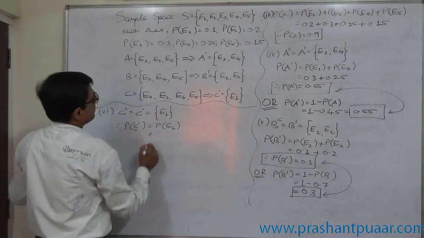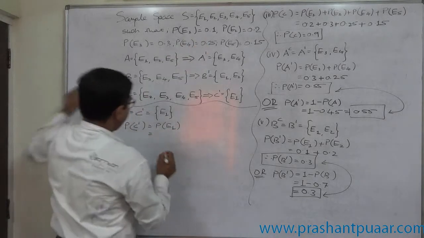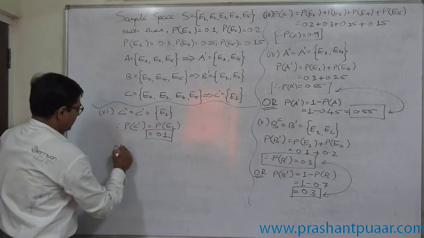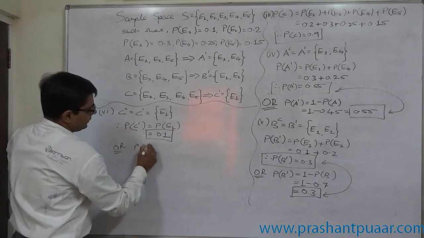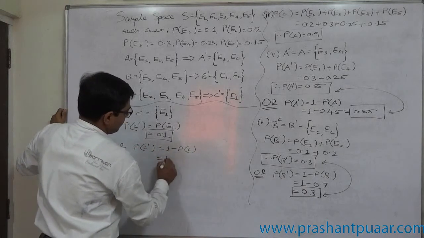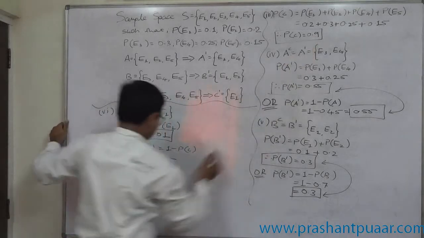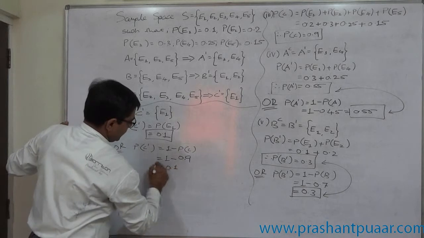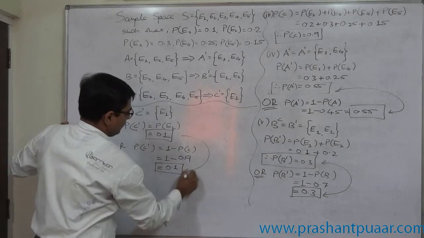That means 0.1. Alternative way, P of C complement is 1 minus P of C. That means 1 minus 0.9. So 0.1. The same answer.